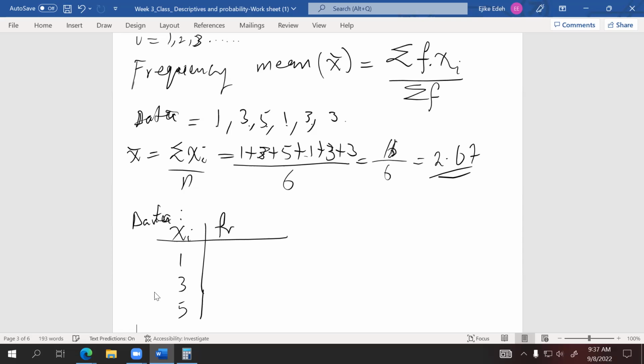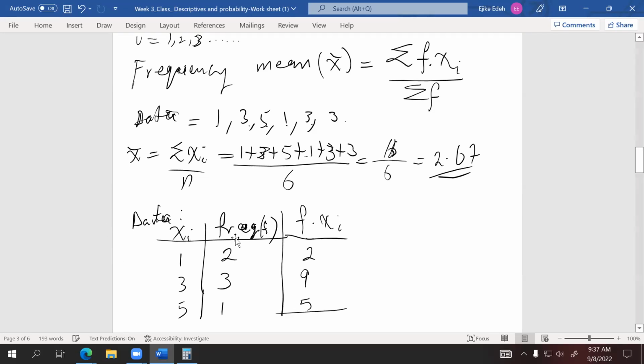Then we have the frequency column here, which I'm going to represent with F. Then there are 2 1s, 3 3s, and only 1 5. So if you do the frequency times the data point column here, I'm going to have 1 times 2 is 2, 3 times 3 is 9, and this is 5.